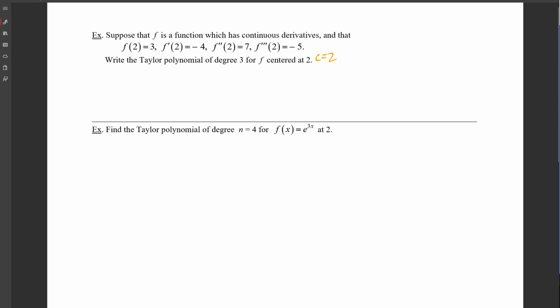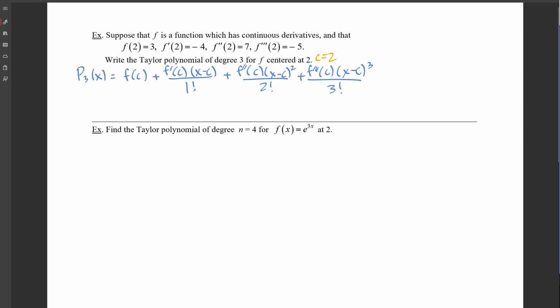Okay, so let's go ahead and write our polynomial. The formula for a Taylor polynomial or a Taylor series is the polynomial of degree 3 of x is equal to f at c plus f prime at c times x minus c to the first power over 1 factorial plus f double prime at c times x minus c squared over 2 factorial plus f triple prime at c times x minus c to the third power over 3 factorial.